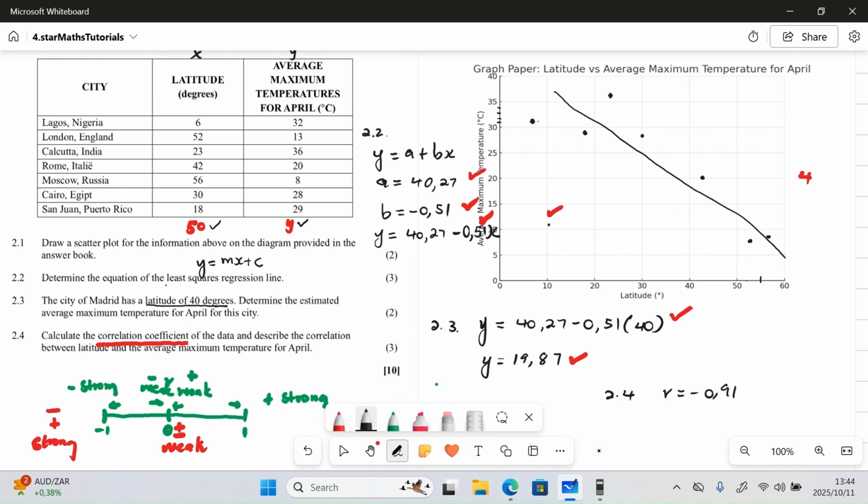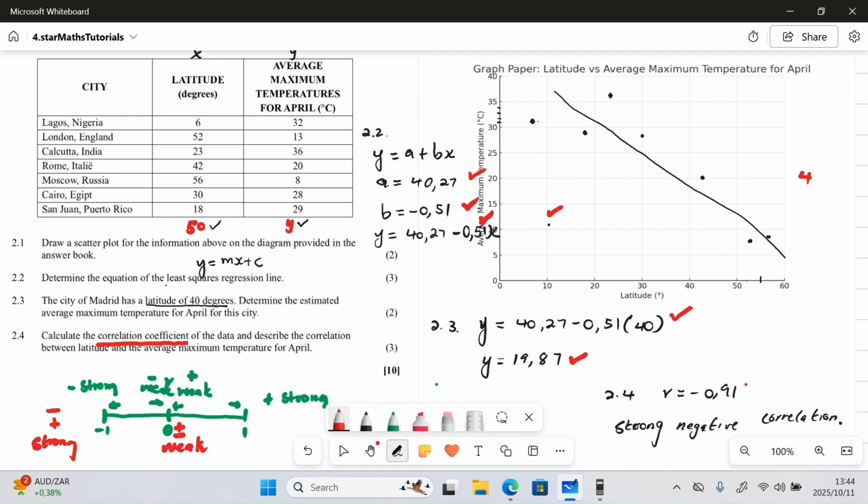Looking at the magnitude, the number is very close to 1, so the strength is strong, but it's negative. So it's a strong negative correlation.